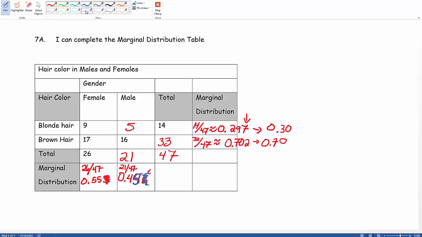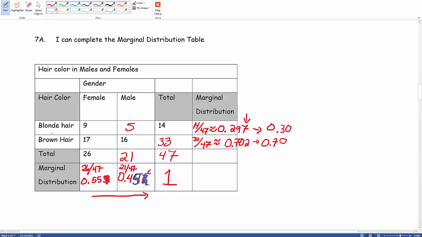Now looking at our totals, what we'll end up doing is adding our marginal distribution. So 0.55 plus 0.45 comes out to be a clean, even 1. So again, looking at both female and male, we ended up with those marginal distributions totaling 1.